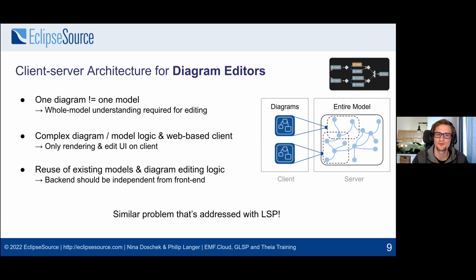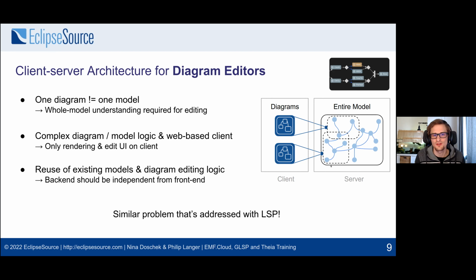You actually run into very similar issues as if you want to do it for programming languages. One of the similarities is, for instance, that it's not sufficient to look at one diagram, because typically you have a diagram that edits a subpart of an underlying model, and then you can open a second diagram and this edits a potentially overlapping part of the same underlying model.